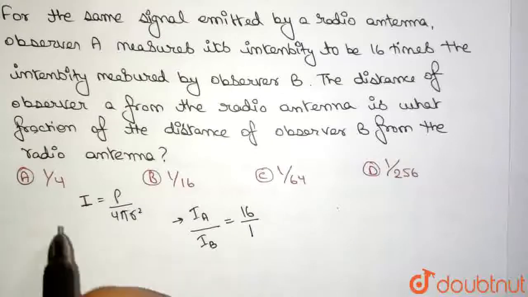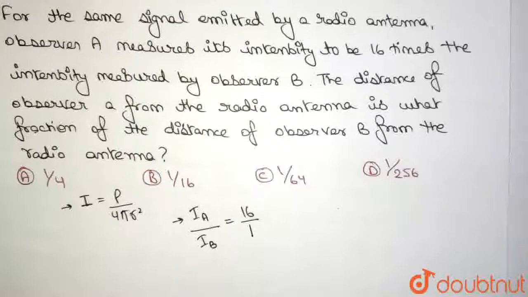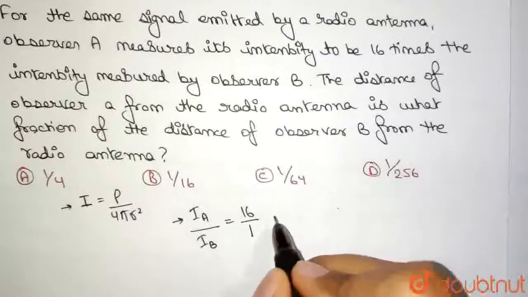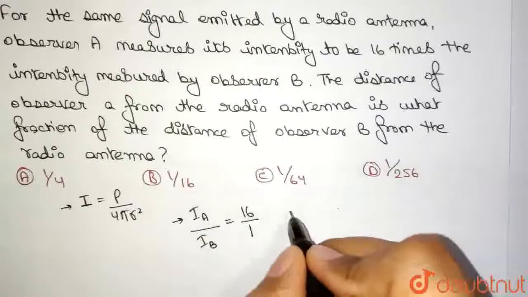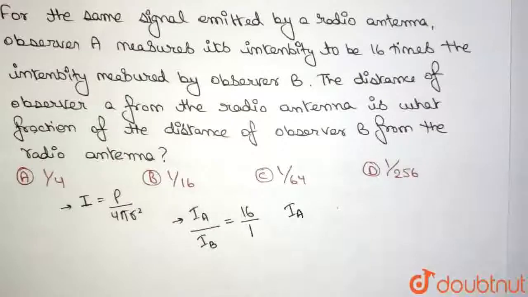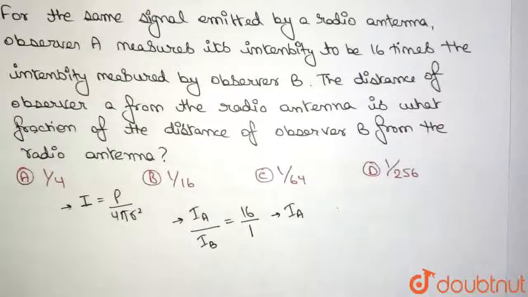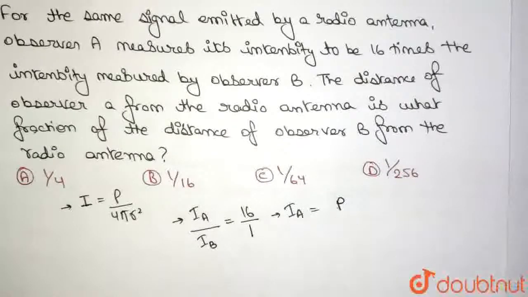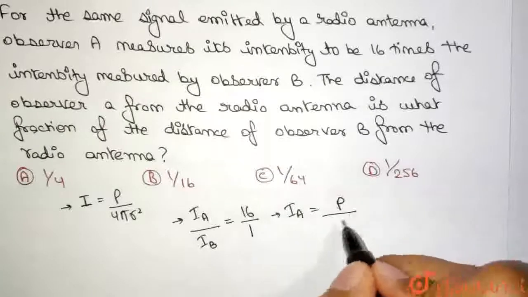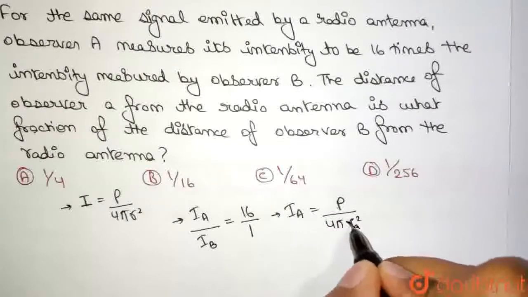Now, here I had the formula of intensity as P upon 4 pi r square. So, I can write this formula independently for both observers A and B. So, let me first write the value of IA, right? So, we could write IA is equal to P, because the signal is same, so the power remains same, upon 4 pi radius of A square.